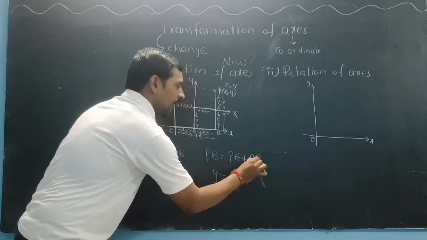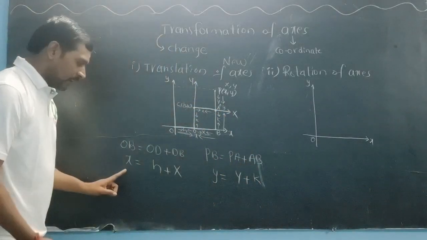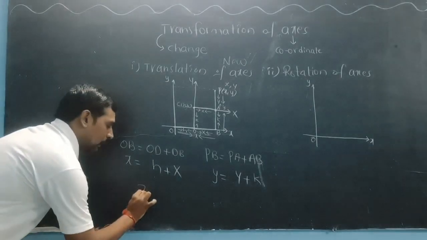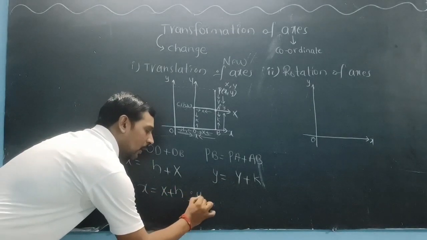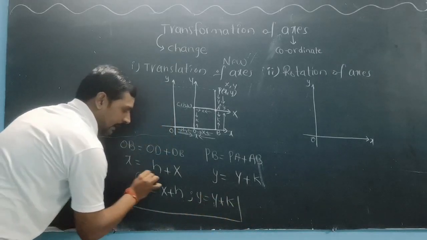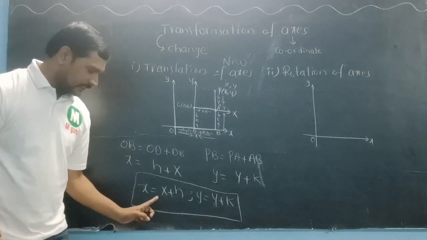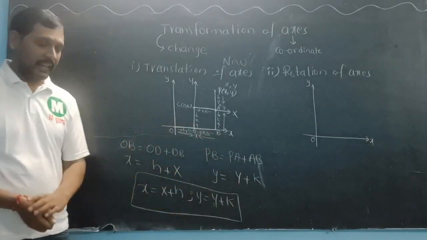Capital Y. And AB, what is the AB value? k. So we can conclude that x is equal to X plus h and y is equal to Y plus k.